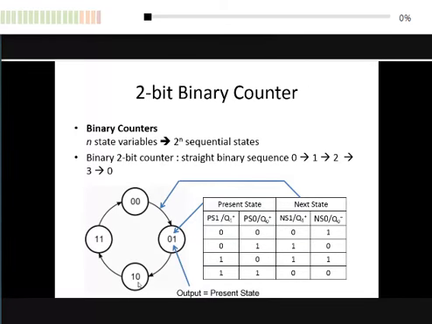Okay. So let's see. Because this is 2-bit, let me label the present state as PS0 and PS1, as I showed you in the state table there on the right side. In your books, it is labeled as Q1 plus and Q0 plus.